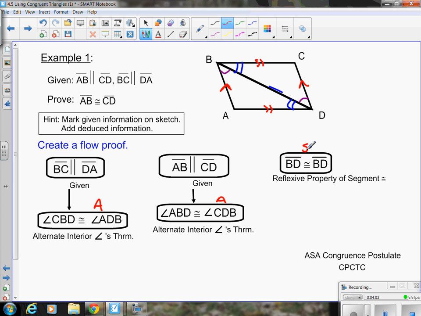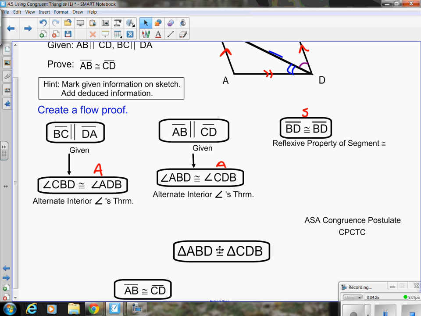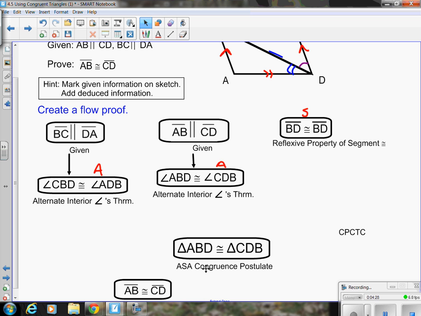I have enough information to show that some triangles are congruent, but is it angle, angle, side, or is it angle, side, angle? So we have to look at where this side is located relevant to the two angles, and this side is between the two angles. So that would be angle, side, angle, which is already kind of given to us. So that's good news. Those triangles are congruent by angle, side, angle.